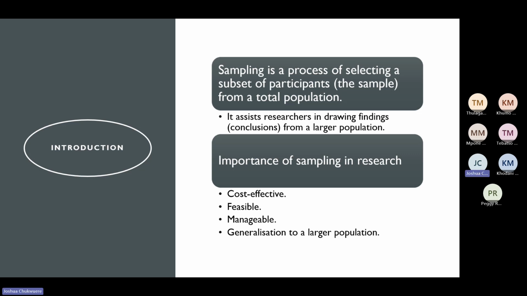It's going to be highly impossible for you to get everyone in the institution involved in your study. And because of those difficulties, the issue of sampling comes in, which says that it's a process of selecting a subset of the population.